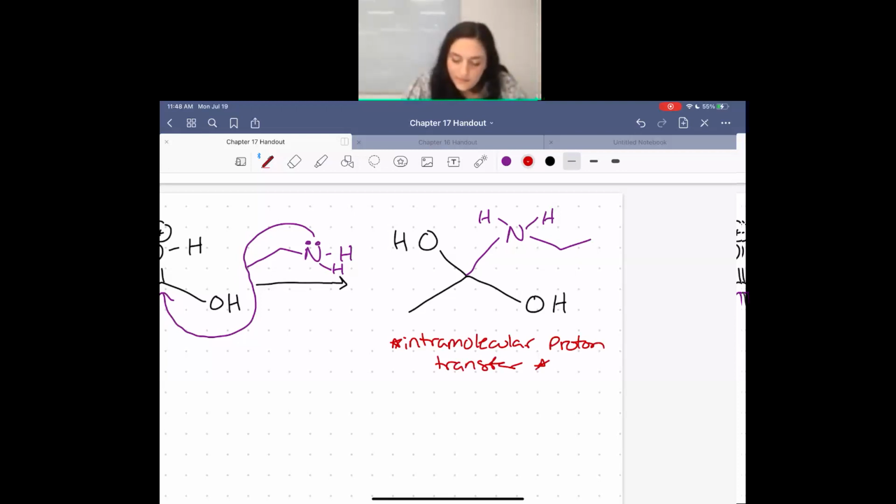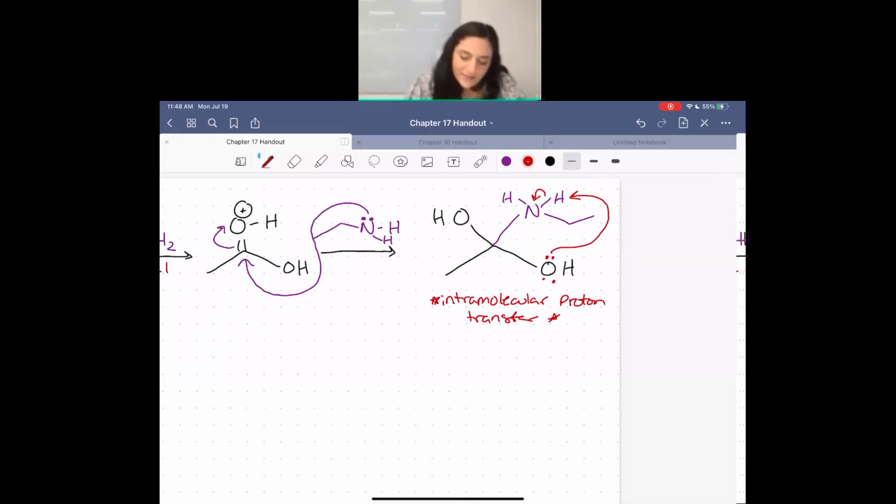And we're going to use the lone pair on the oxygen of the leaving group, and it's going to use a pair of its electrons to steal a hydrogen. And what's the purpose of doing that? Someone please enlighten me.